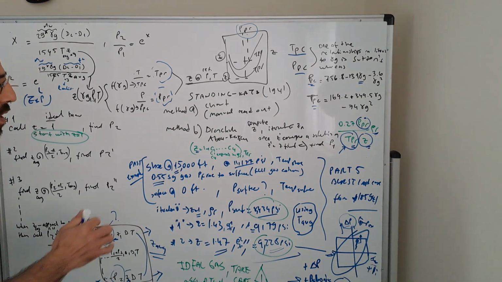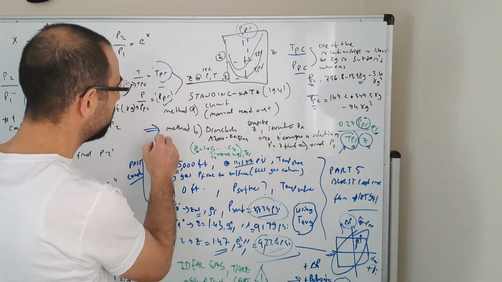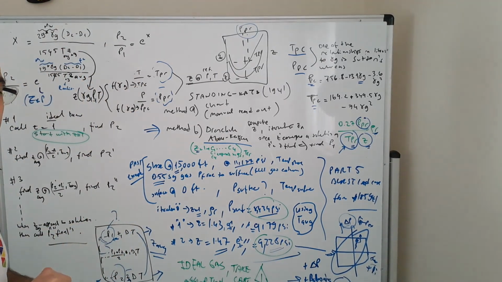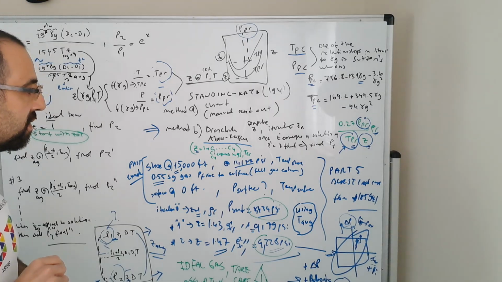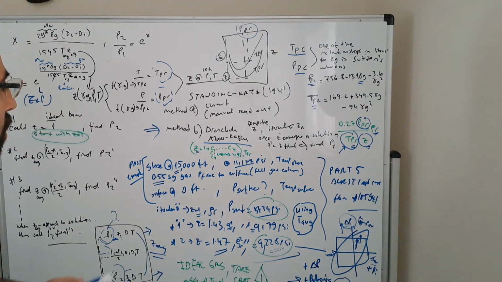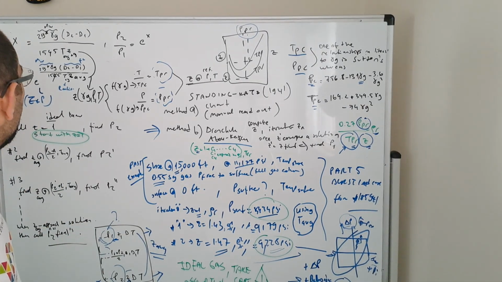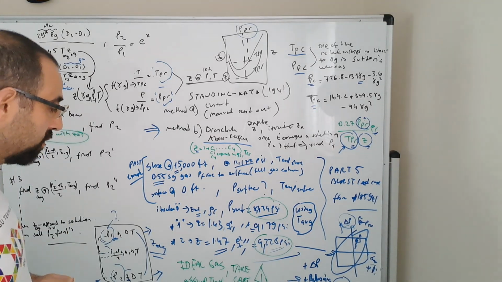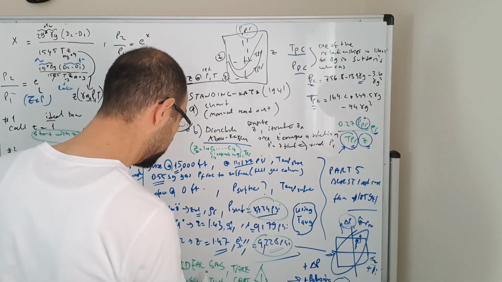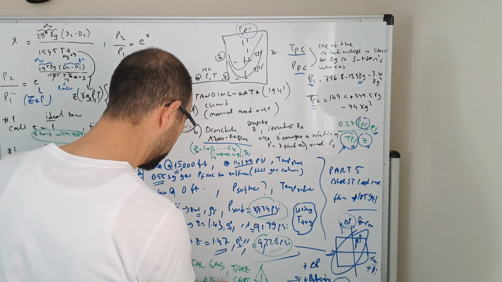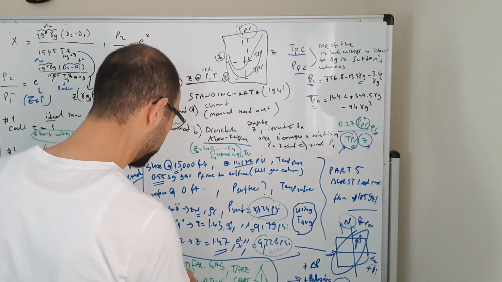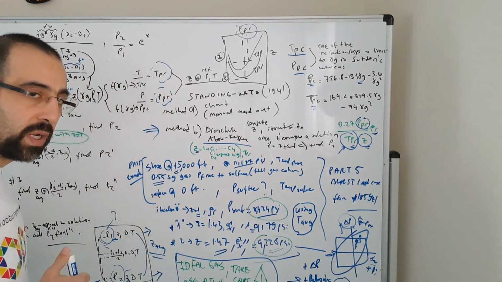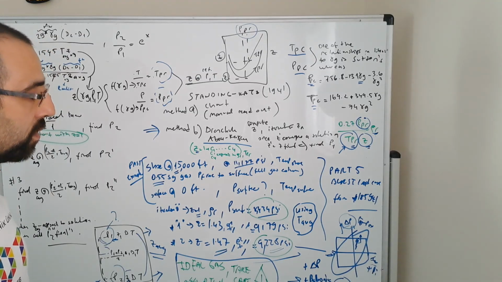We also talked about the Dranchuk and Abou-Kassem correlation for finding Z, or iterating for Z, to be able to come up with a better pressure estimation. So the final word from me: with the ideal gas assumption, we need to take care when we try to predict the pressure in the gas columns.